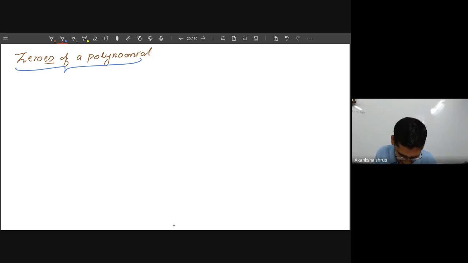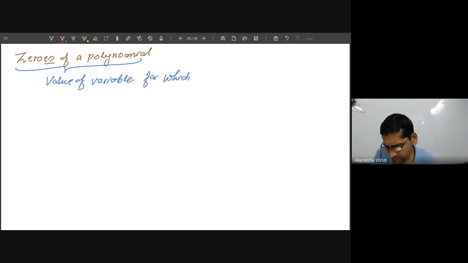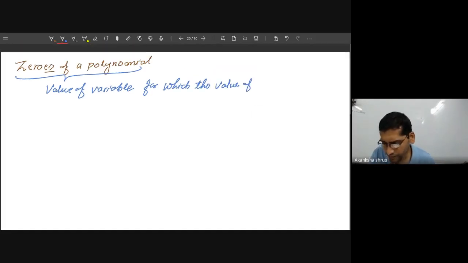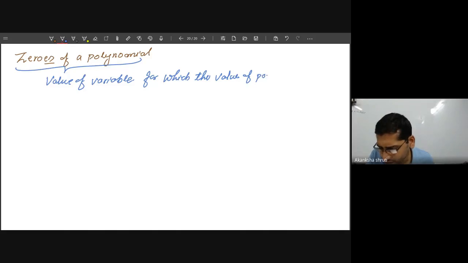This is the value of the variable, for example x, for which the value of the polynomial becomes 0.